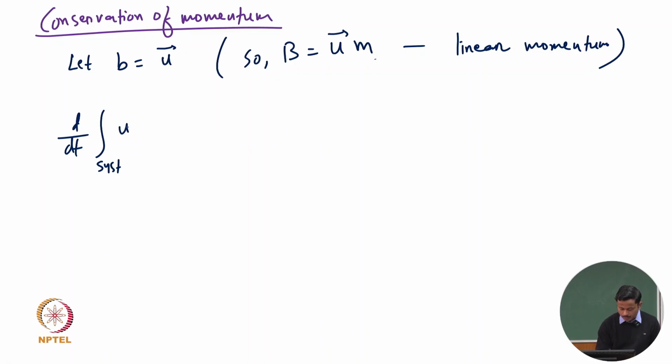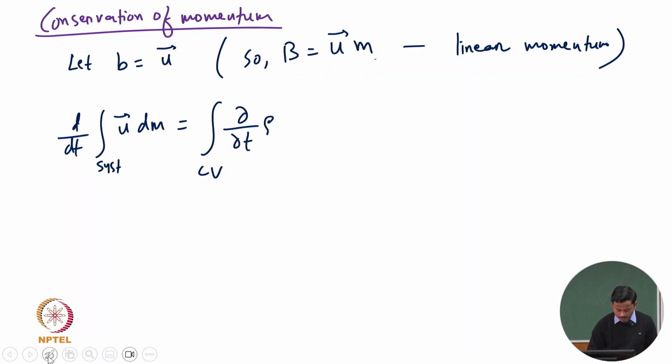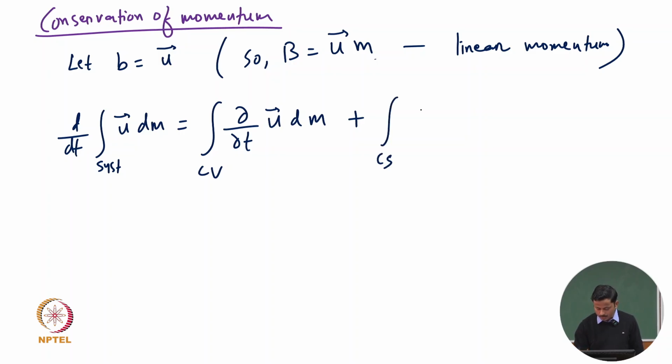This is what we get from the Reynolds transport theorem, which is equal to the rate of change of the velocity integrated over the control volume, plus the integral over the control surface of this term u dot n cap.